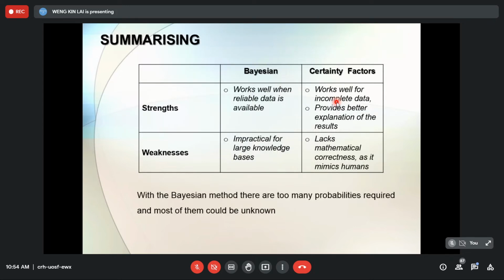Correct. So it's actually based on that. But you see, if I'm on this side of the table, I don't believe in certainty factors theory. For example, I would say that your certainty factor is not based on solid statistics.